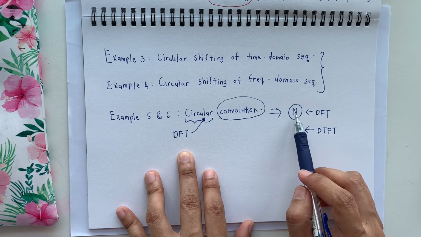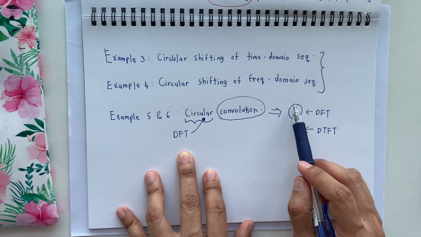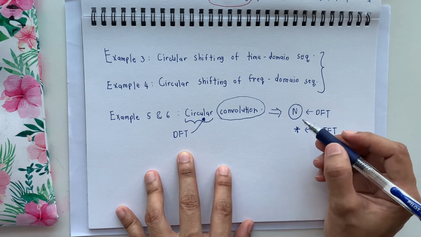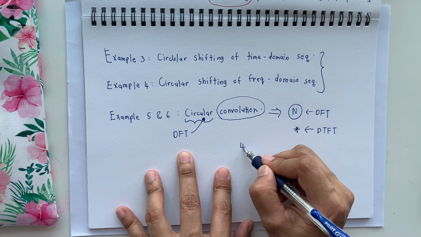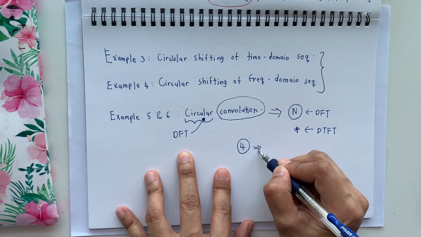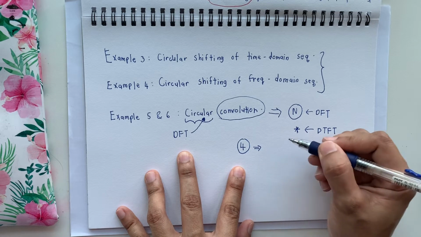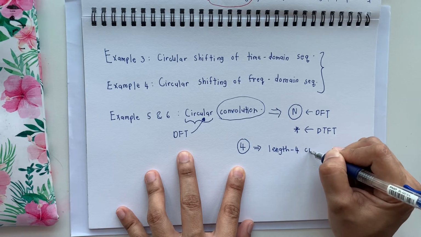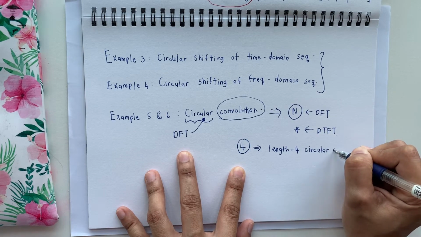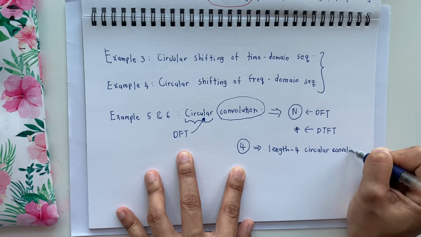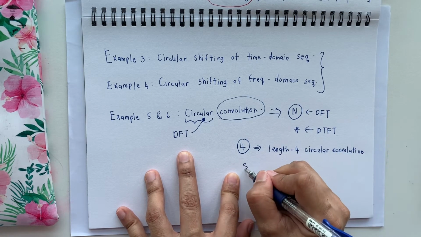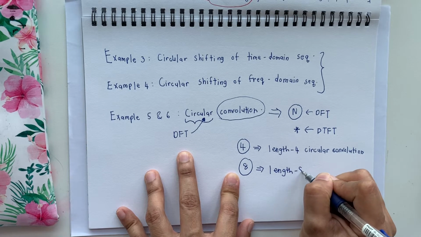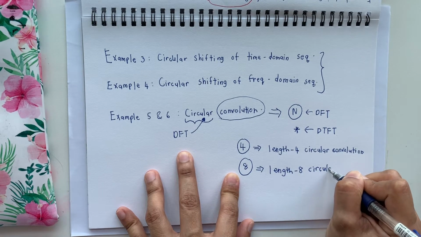Why do we have this circle? This circle represents circular. So if you see circle 4, it means you have to do length 4 circular convolution. If you see circle 8, it means you have to solve length 8 circular convolution.